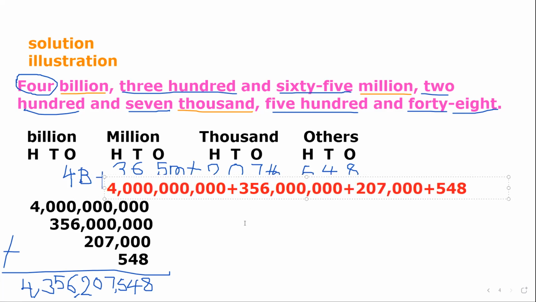Then you add them starting from the back. The billion possesses 9 zeros, million 6 zeros, 1,000 3 zeros, others no zero. So when you add them, that is exactly what we get here. 435.